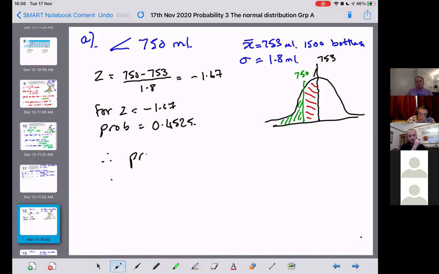Therefore, the probability of less than 750 ml is 0.5 minus 0.4525 equals 0.0475.